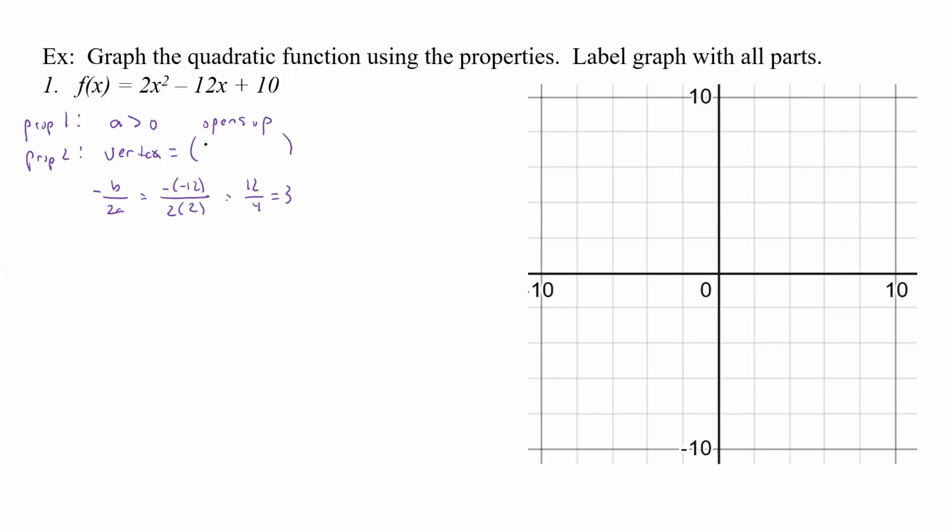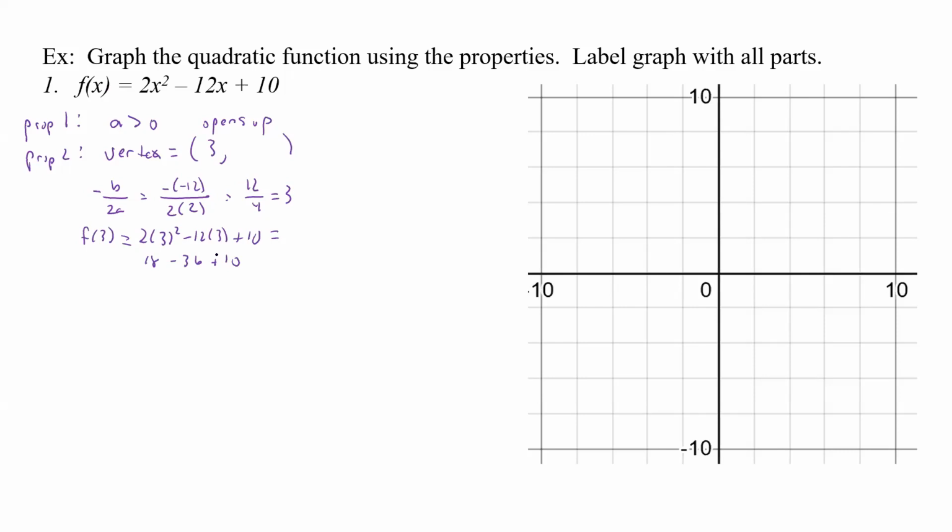So that is x. And now we plug 3 back into here, and so f of 3 is equal to 2 times 3 squared, and then minus 12 times 3 plus 10. And so that's going to be 9 times 2, so it's 18 minus 36 plus 10.